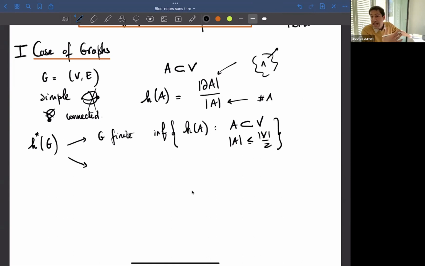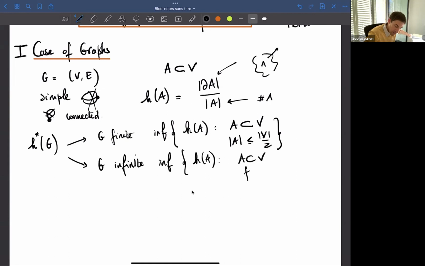Because otherwise you just take A as the whole graph, and obviously there is no boundary, so the isoperimetry is just 0. If G is infinite, then you can just take the infimum over all subsets A of vertices which are finite.